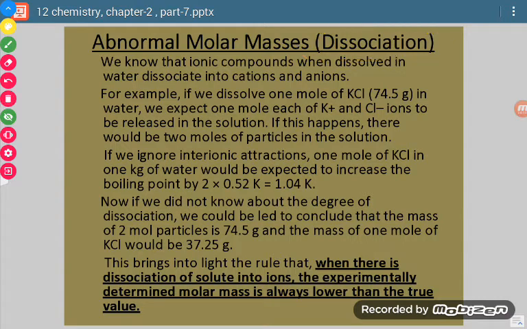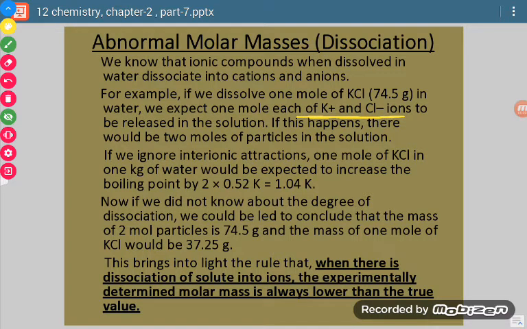Now let us discuss how these are related. We know that ionic compounds, when dissolved in water, dissociate into cations and anions. Suppose we have taken KCl. Its molar mass is 74.5 gram. When we put it in water, it forms K positive and Cl negative ions.